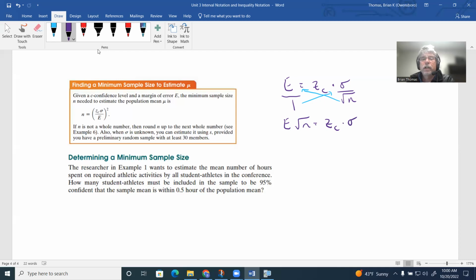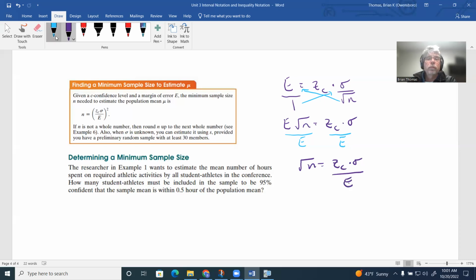I can then divide each side by E to get the square root of n by itself. So that's going to give us the square root of n equals this z-score times the standard deviation divided by the margin of error.